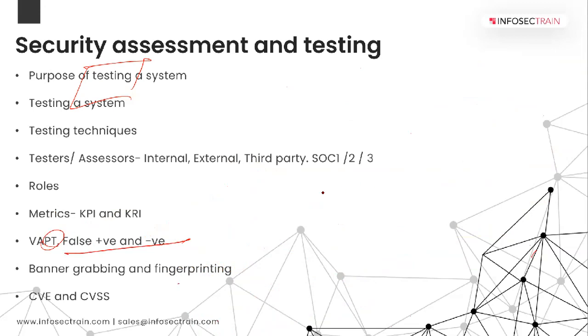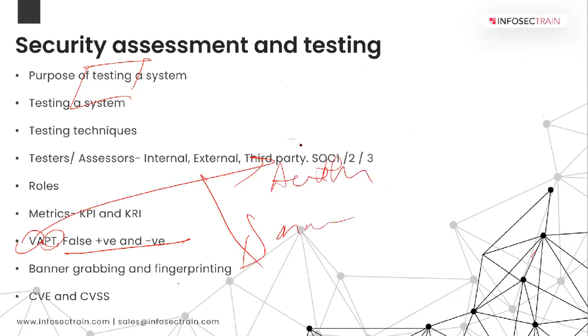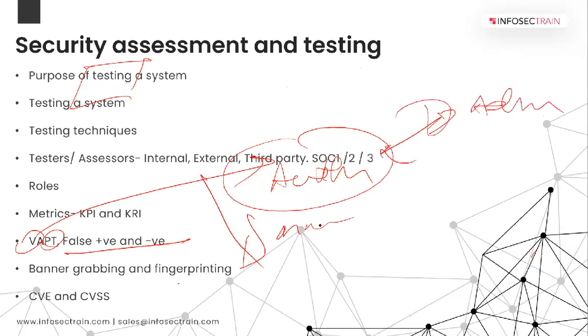What is false positive and negative? And VA can be of two types. It can be either authenticated or unauthenticated. What authenticated means is you give the admin credentials to the scanning tool so that it gives you a clearer picture of what vulnerabilities are there in the environment.